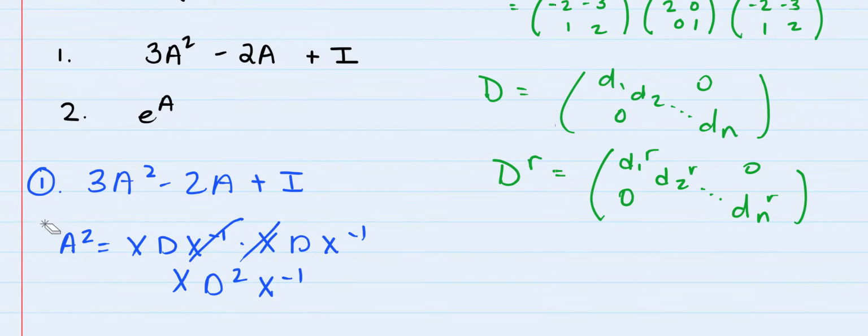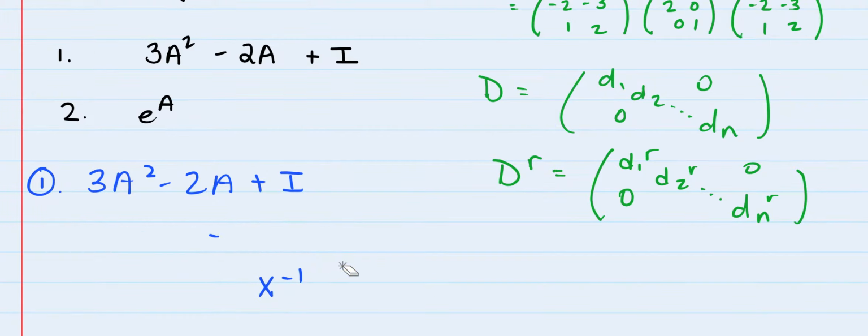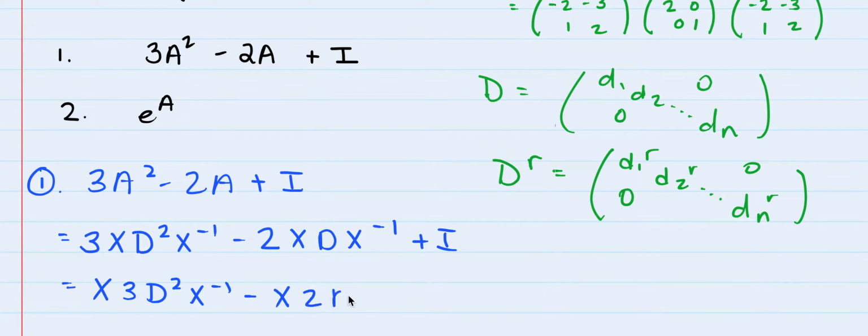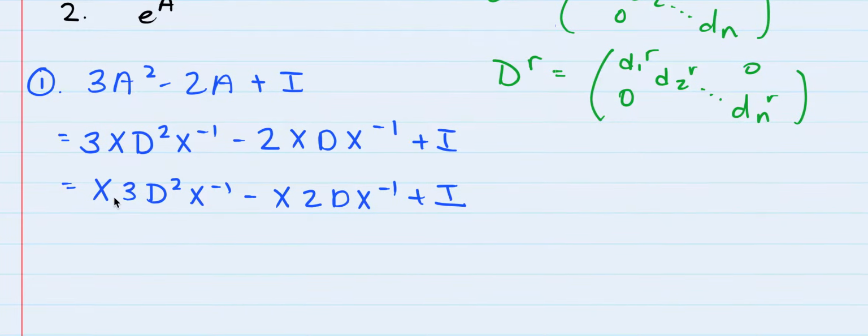Using that, this is 3 X D squared X inverse minus 2 X D X inverse plus I. I'm going to bring these constants in, so I get X 3D squared X inverse minus X 2D X inverse plus I. Now I'm going to factor the X out of these two, in the front, and take the X inverse out in the back.